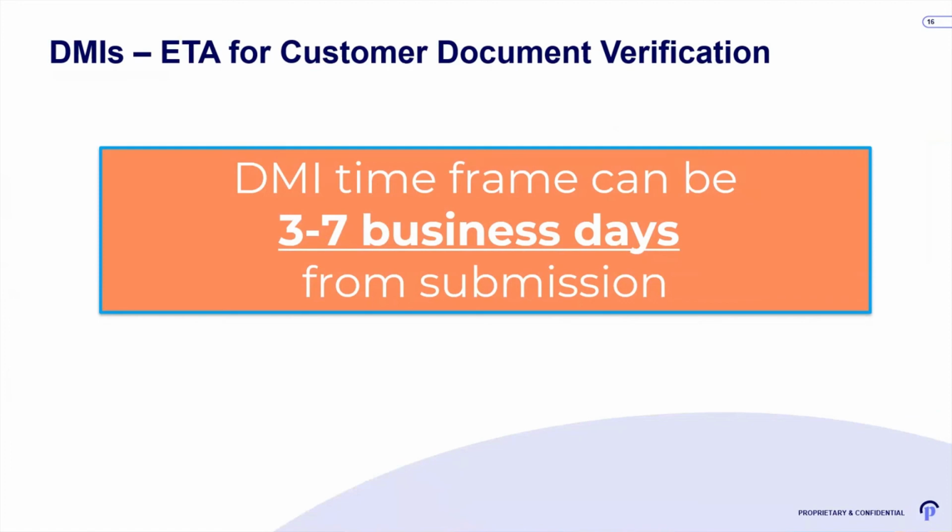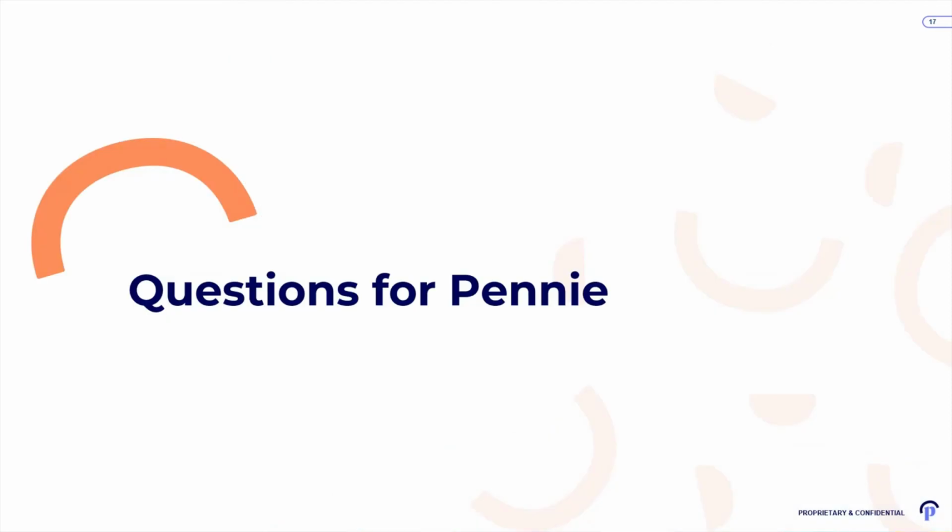With that being said, the reminder is 3 to 7 business days from submission to help resolve the DMI. I wanted to open up to see if there were any questions in relation to data matching issues or the dashboard and the approach we would use for resolving those issues for our Pennie customers.